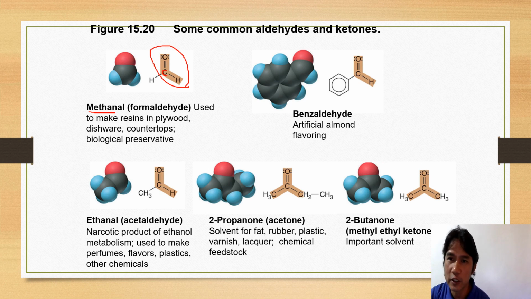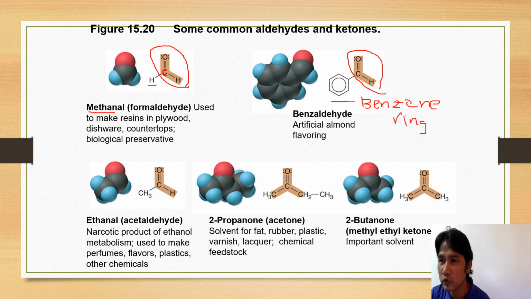But notice that the carbonyl group is bonded to one hydrogen. That's why this is the simplest aldehyde. An aldehyde could be connected to this molecule. By the way, this molecule is called a benzene, benzene ring.